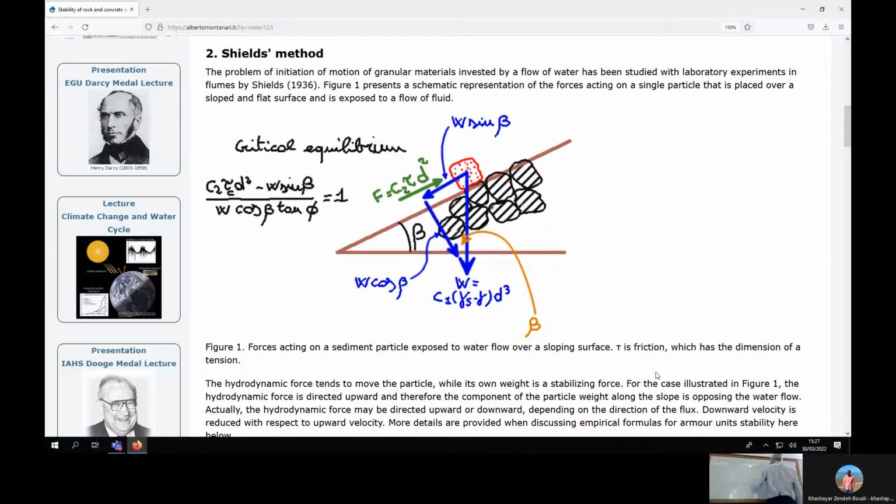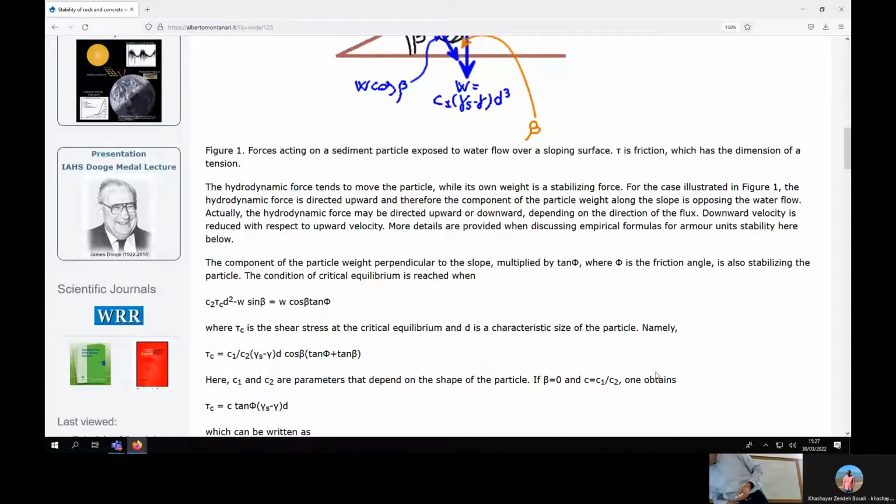Is equal to W cos beta tan phi. Let me see if the symbols are okay. Yes.